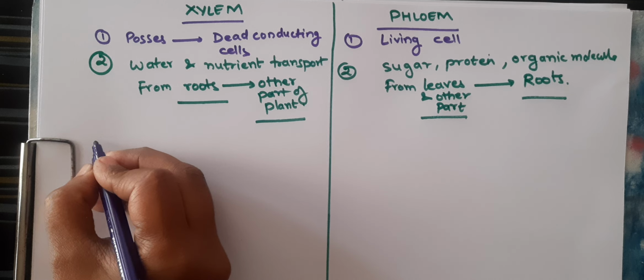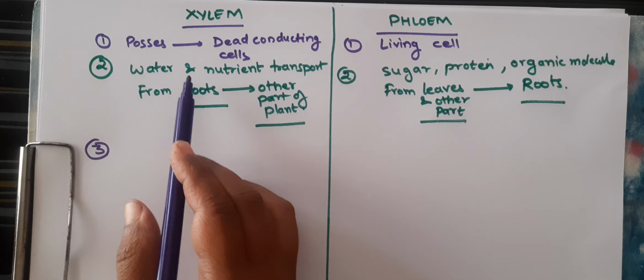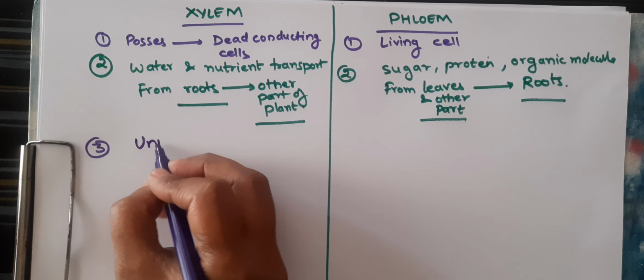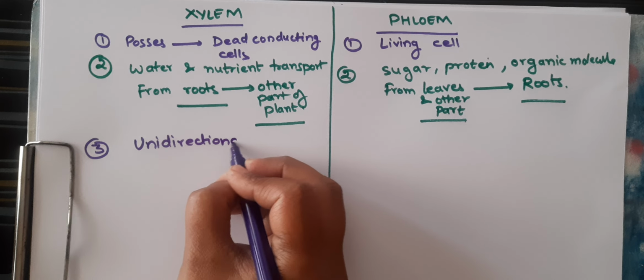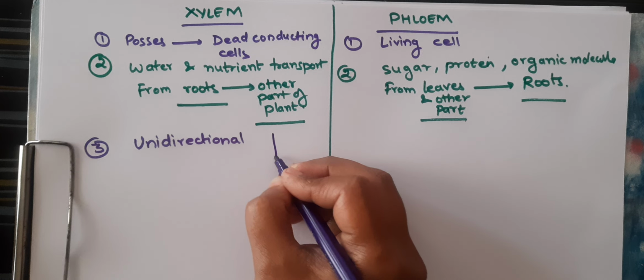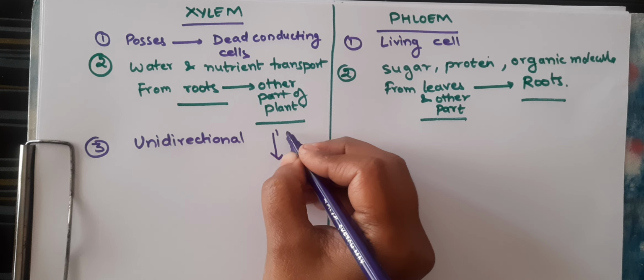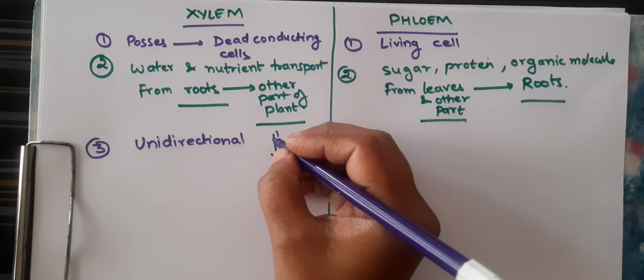The third difference between the xylem and the phloem is that in case of the xylem, the transport of water and nutrients is unidirectional. Unidirectional means it is in one direction only, that is from roots to the other parts only.